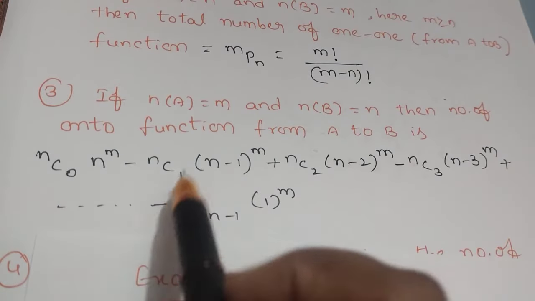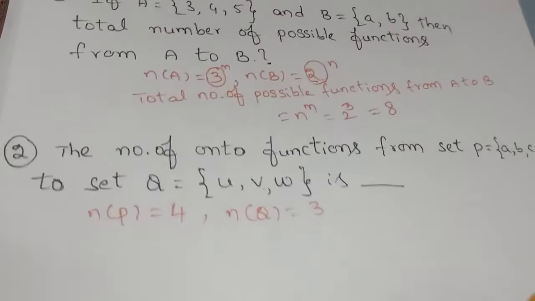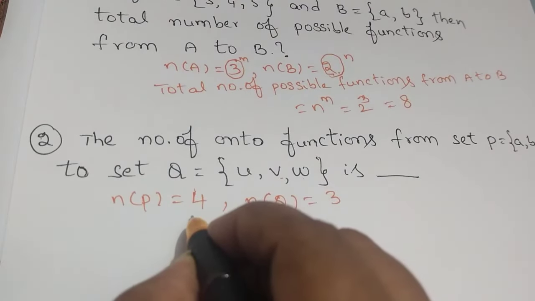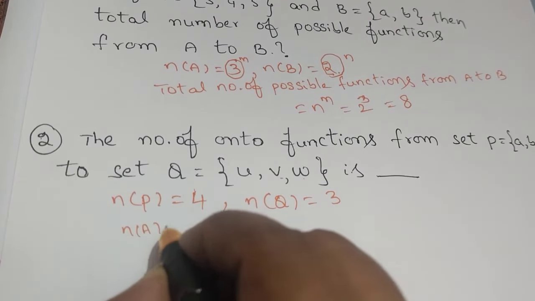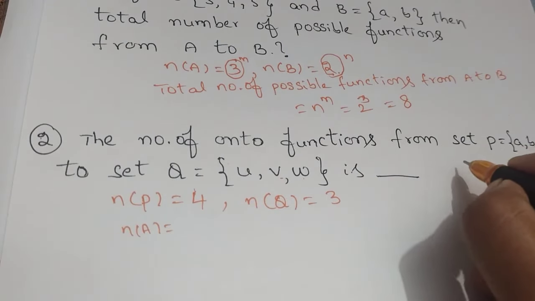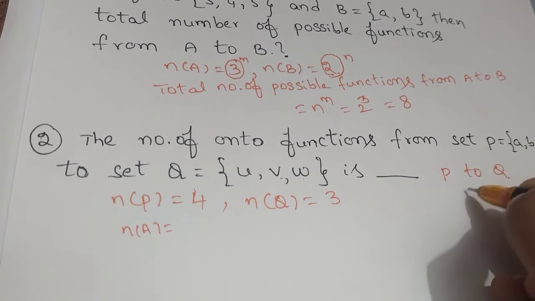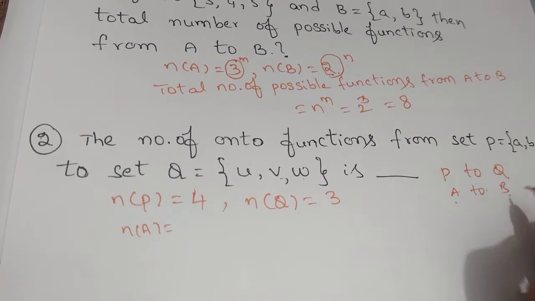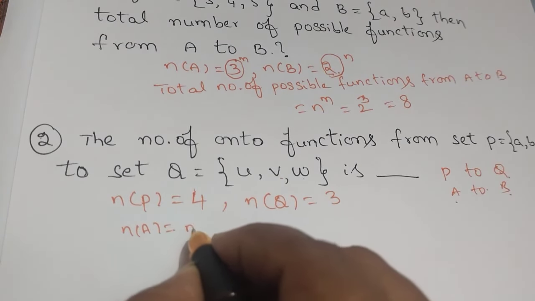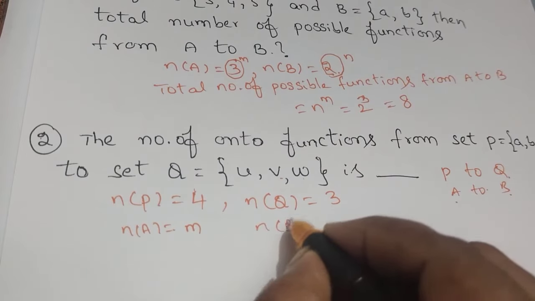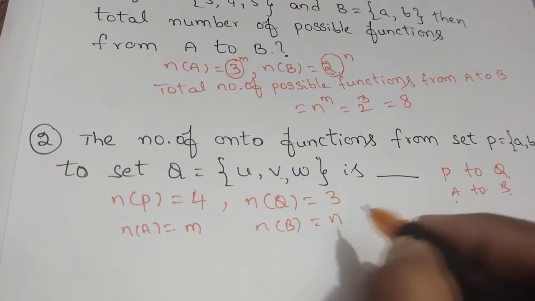A to B means here P to Q. Compare: P is A, Q is B. So n of A is m, n of B is n.